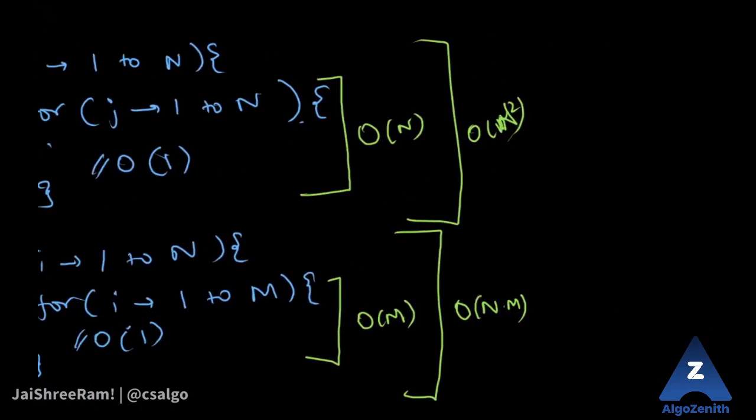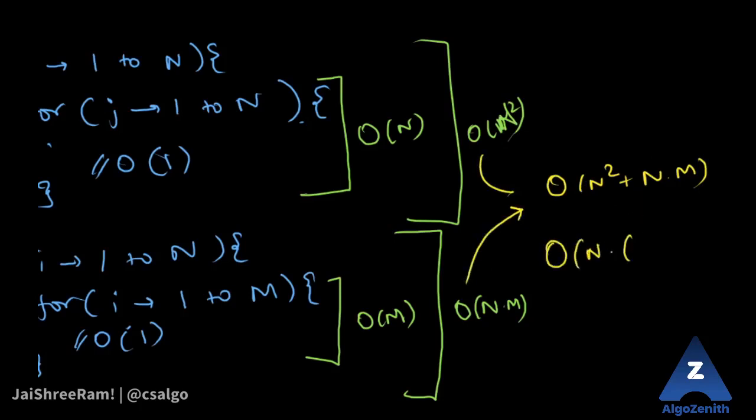Now your final complexity will be nothing but order n square plus n into m, right? This is something like what we are doing over here. So it will be some constant times this plus lower order terms, constant times this plus lower order terms. So you can write the sum of these two in this form, or also you can write order of n times n plus m.